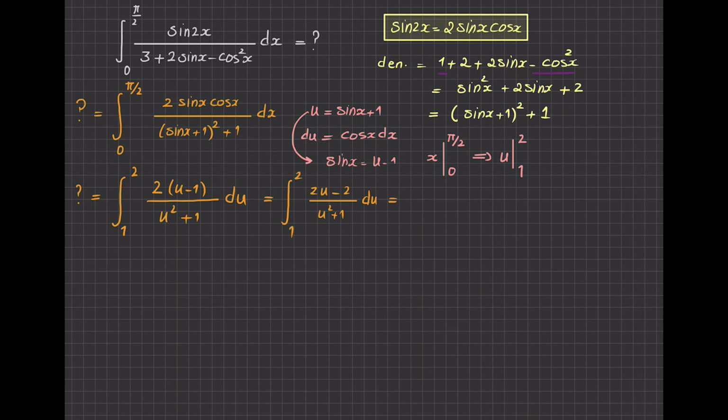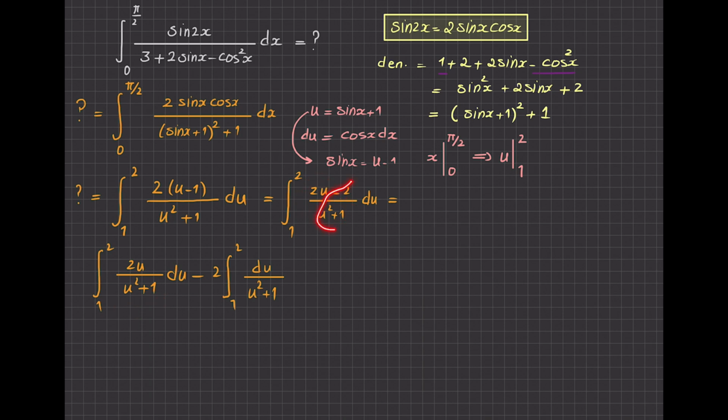And I decompose this integral into 2 parts. So this becomes the integral from 1 to 2 of 2u over u squared plus 1 du, minus, I pull 2 out, the integral from 1 to 2 of du over u squared plus 1.